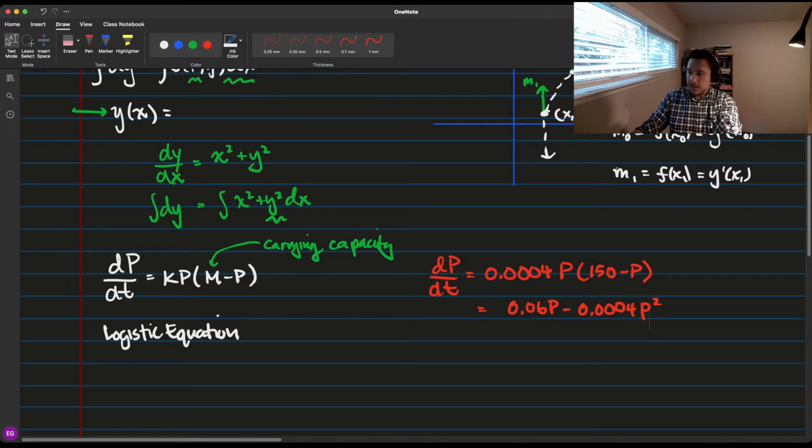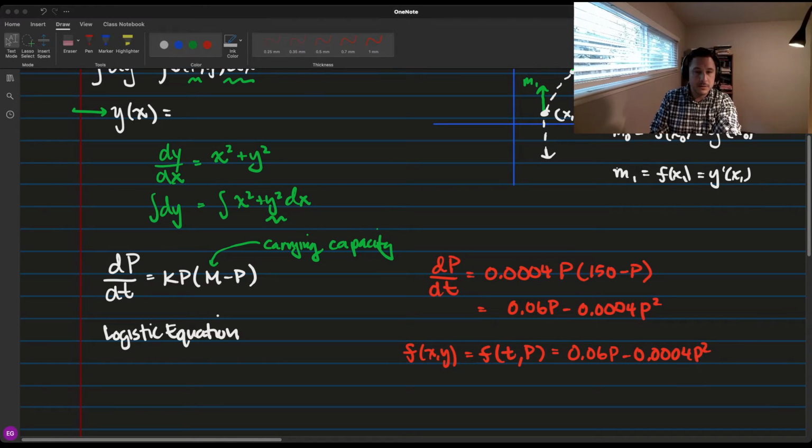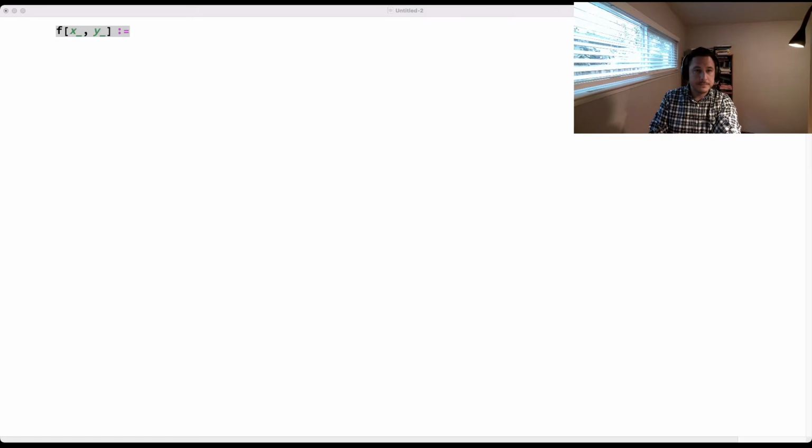Usually we would write f of x, y, but in this case our x is the independent variable, that's t. The y is the dependent variable, that's p. So my f of t, p equals 0.06 p minus 0.0004 p squared. Now I'm going to go back to Wolfram.